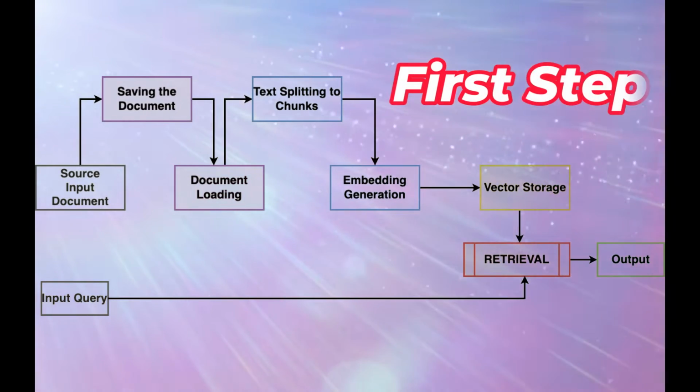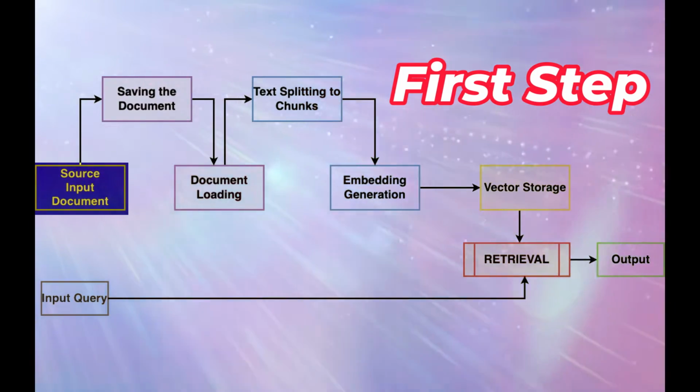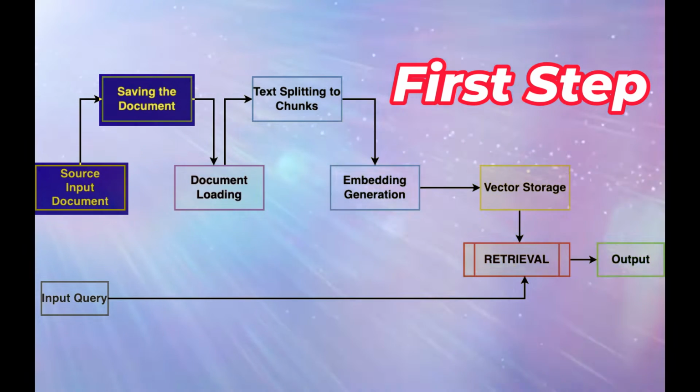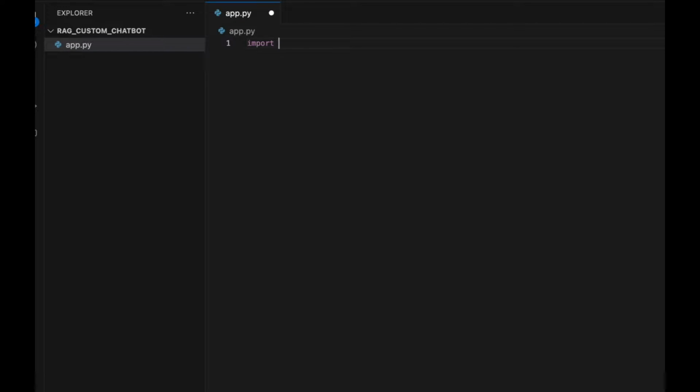So let's implement the first step, that is taking input document from the user, then saving the document and then loading the document. So here you can see I have created a new folder named RAG custom chatbot. So I'll be creating a new Python file app.py. Here I will be importing Streamlit and then we will set page config.